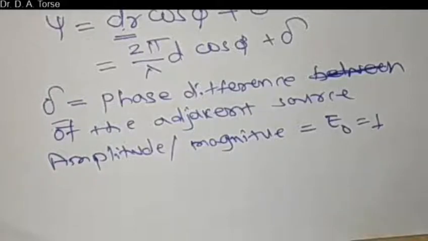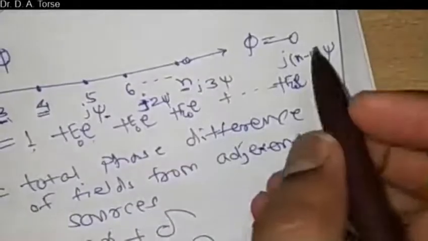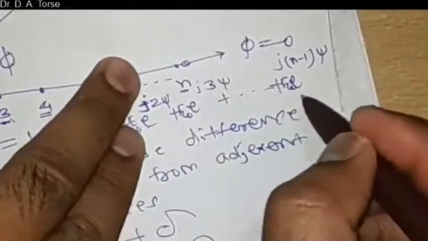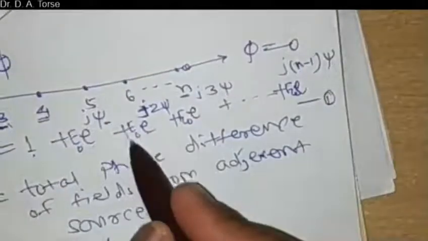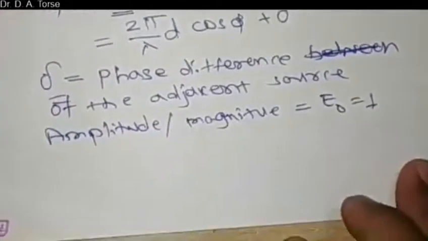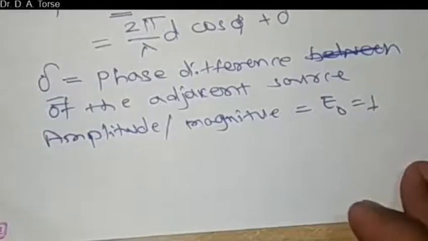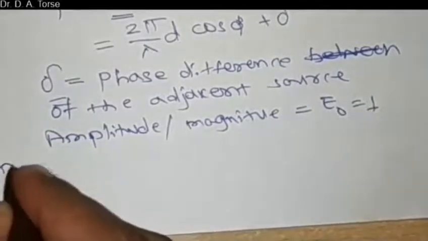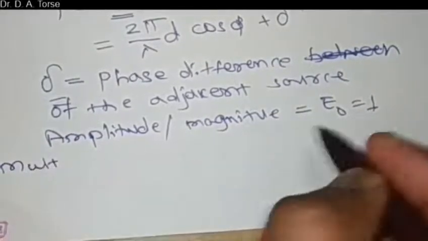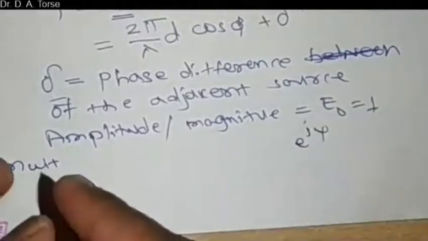Now, in order to compute the total field radiated, we need to multiply this equation. This is equation number 1. We will not consider these E0 terms because we have made E0 equal to 1. So we multiply this equation 1 by e to the power j psi.